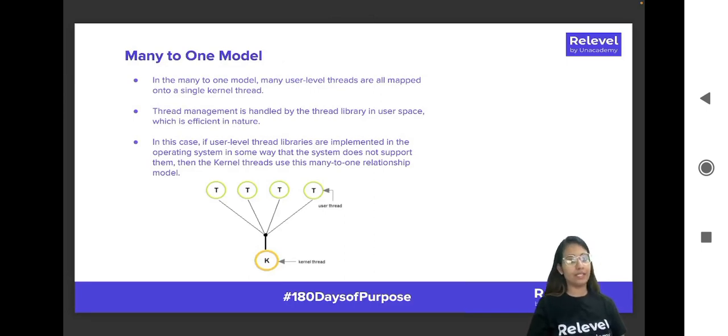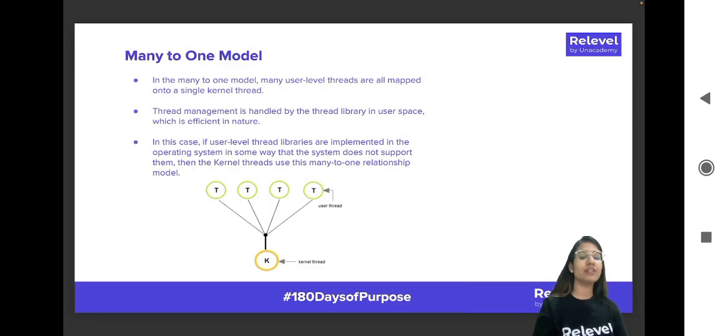In the many-to-one model, many user level threads are mapped to a single kernel thread. Thread management is handled by the thread library only, which we've already talked about in the previous video, in the user space, which is very efficient.